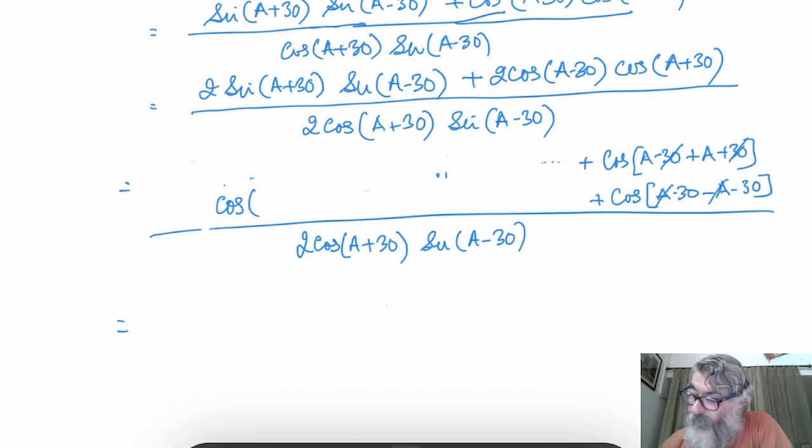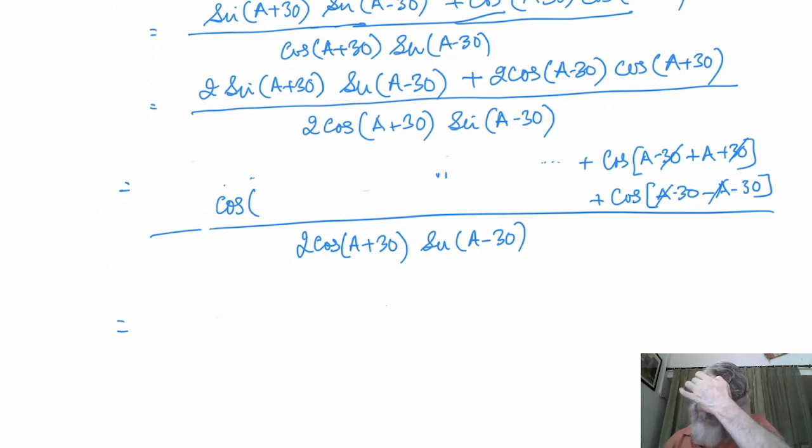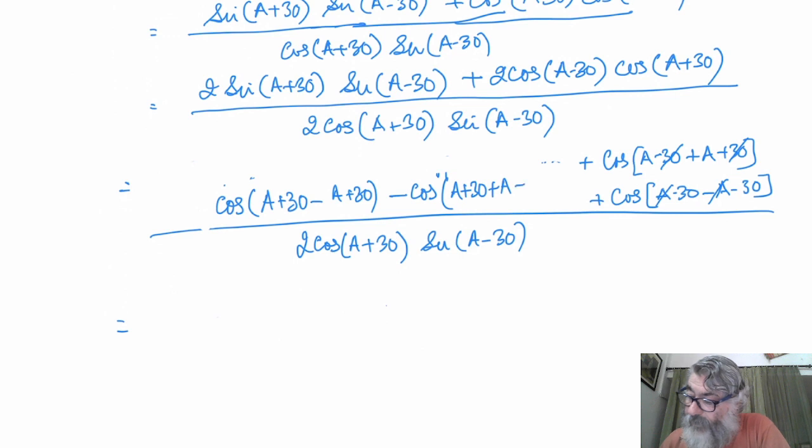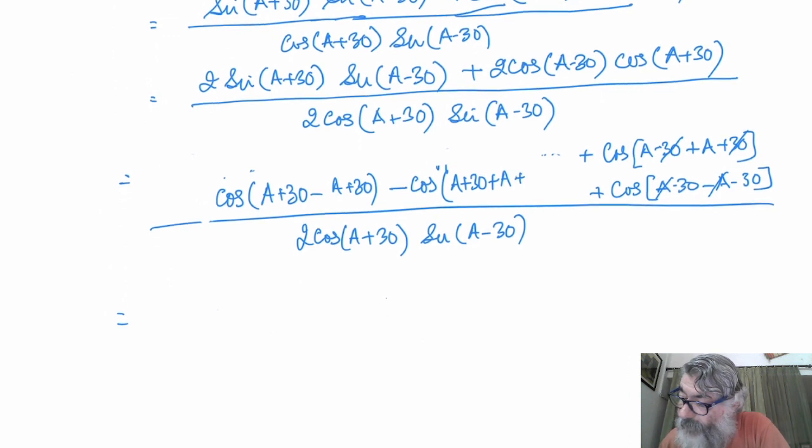It will become cos (a minus b) minus cos (a plus b): cos (a plus 30 minus a plus 30) minus cos (a plus a minus 30 plus 30), and of course that plus will remain there.